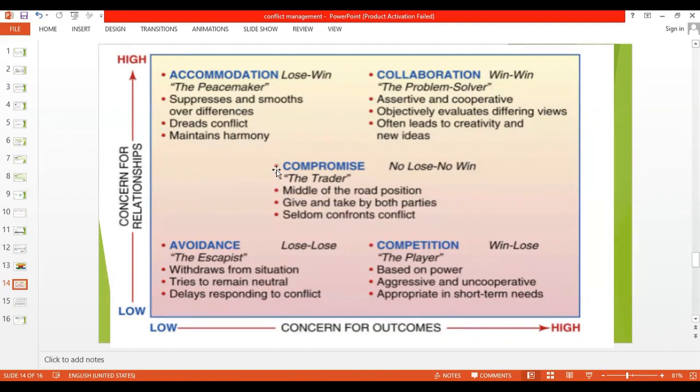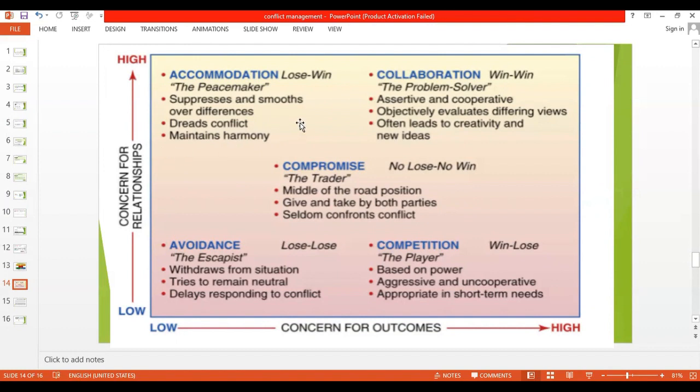Compromise is moderately assertive and a cooperative step in the right direction in which one creates a modified win-lose outcome. The compromise may not be totally satisfactory for either party, but it may be offered as a temporary solution until more options become available.